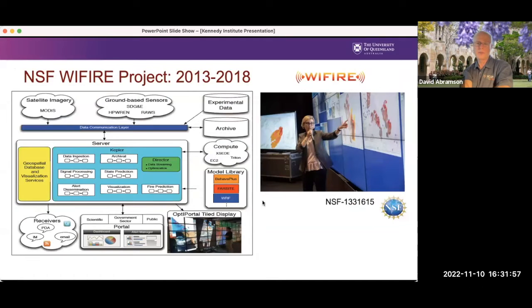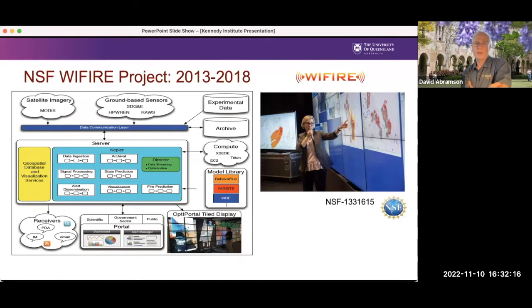This is some work from another colleague of mine, Ilkay Altintas from University of California, San Diego, and San Diego Supercomputer Center, where they've been doing work, as it turns out, also in scientific workflows, but used for computational modeling of wildfires.